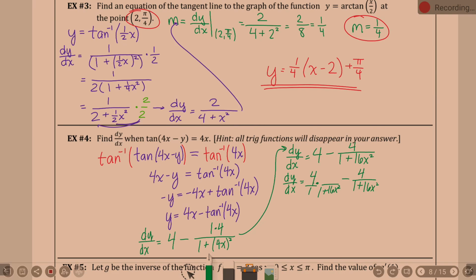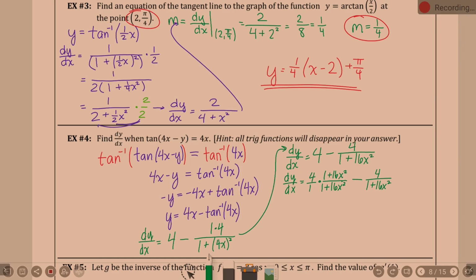Oh my gosh, this is messy. I've got to back up for a moment. Okay, 4 as a fraction is 4 over 1, yes? How do we get a denominator of 1 plus 16x squared? You multiply the denominator by 1 plus 16x squared. If you do that to the denominator, what do you do to the numerator? Multiply by 1 plus 16x squared. And then it's still minus the other fraction, which is 4 over 1 plus 16x squared.